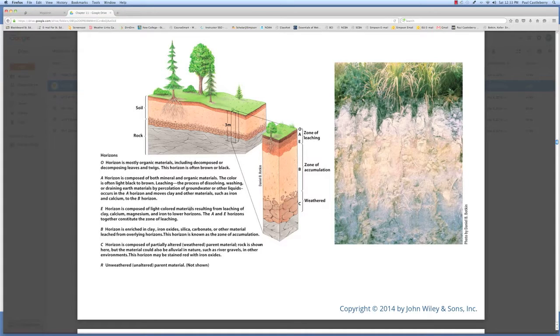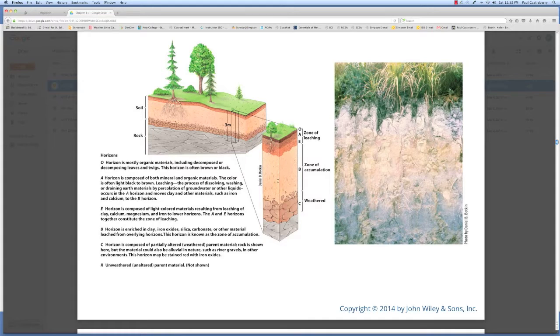The E horizon is this area composed of light-colored materials, like we said, from leaching or movement of clay, calcium, magnesium, and iron. Basically, if you combine the A and the E together, which is this area here, that's what we call the zone of leaching, where materials are moving through. And then the B horizon is where these are accumulating.